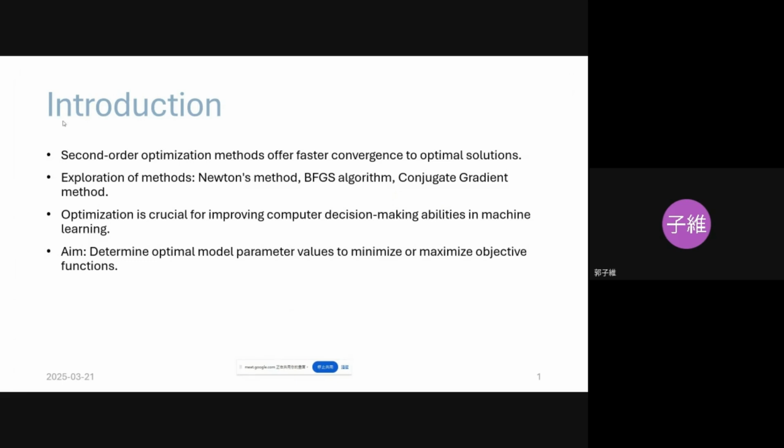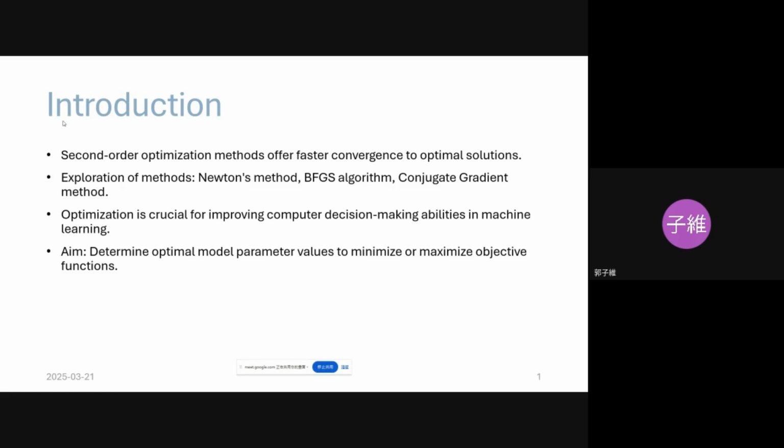And today, I'm gonna do the background introduction on Newton's method, the BFGS algorithm, which is also called the quasi-Newton method, and the last one is the conjugate gradient method.